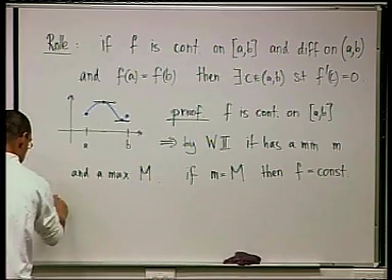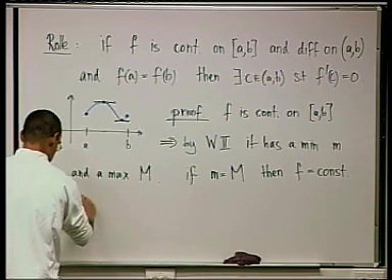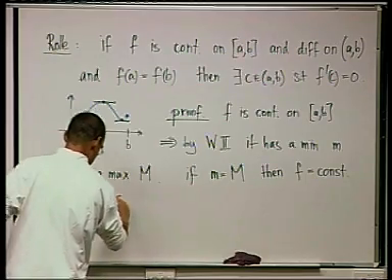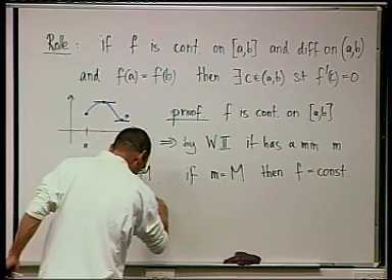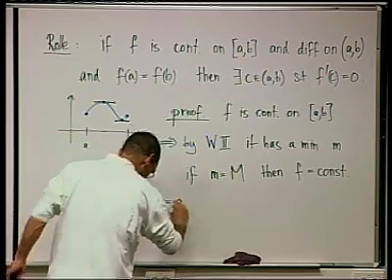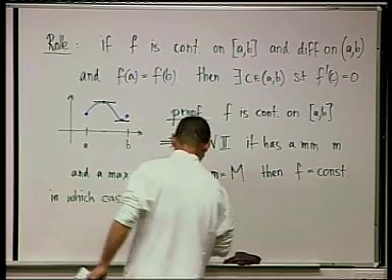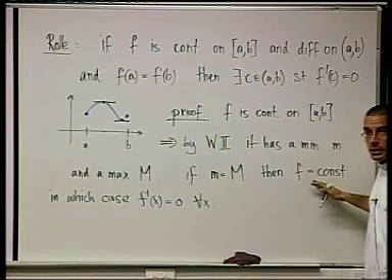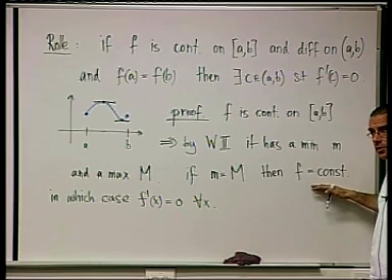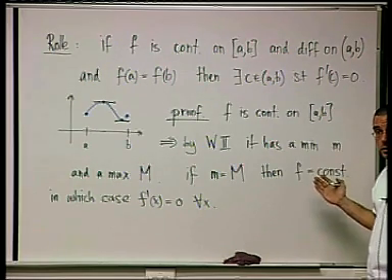In which case f prime of x equals 0 for all x. Do you agree? This we proved. If you take a constant function, its derivative is always 0. Do you agree?